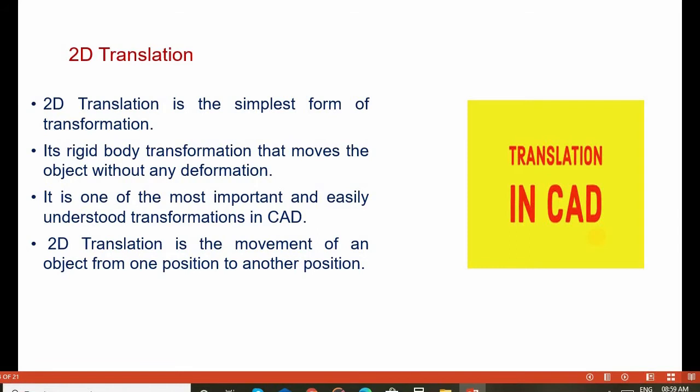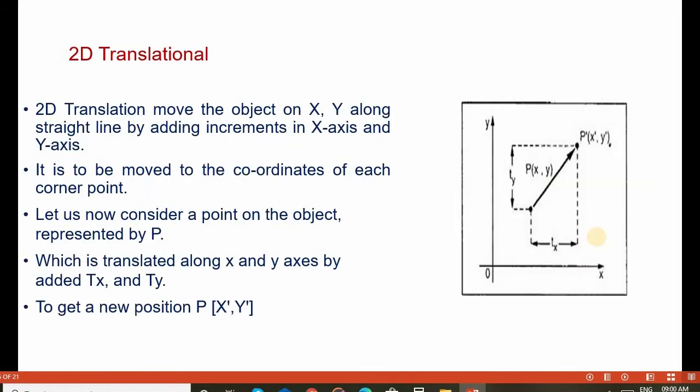That means one object's position coordinates can be moved to another position. In two-dimensional translation, we move the object in x, y along a straight line by adding increments in the x-axis and y-axis. This is the basic principle of 2D translation. The coordinates of each corner point are moved.